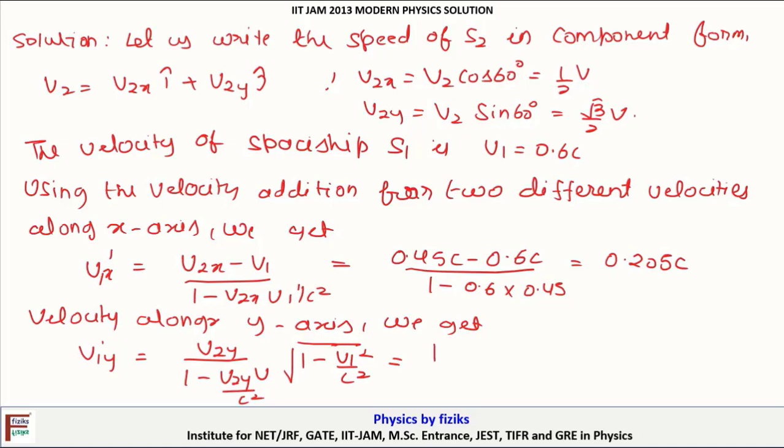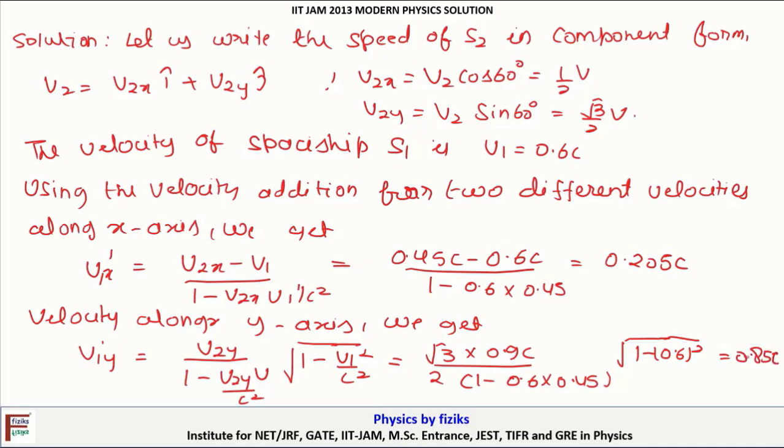So this gives us √3 × 0.9c / 2 × (1 − 0.6 × 0.45) × √(1 − 0.6²). This value turned out to be 0.854c.